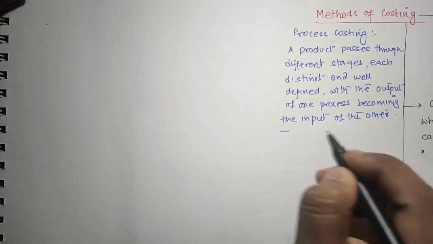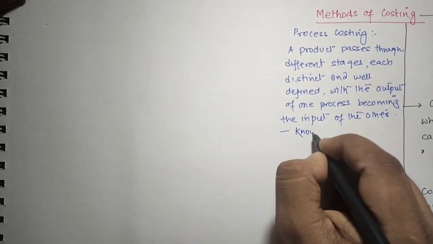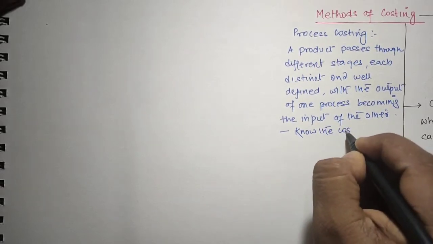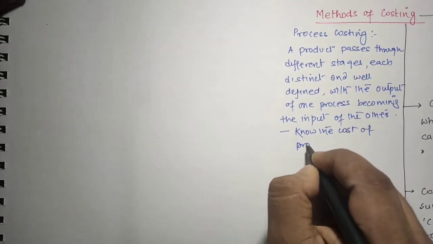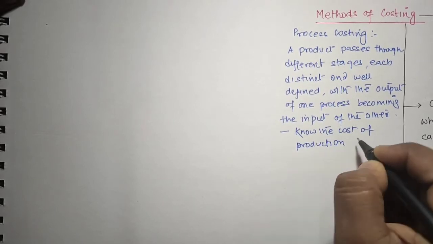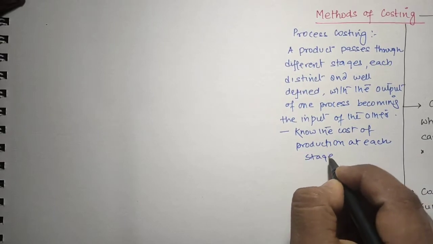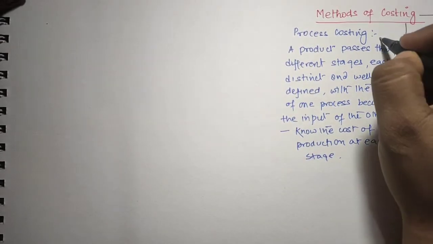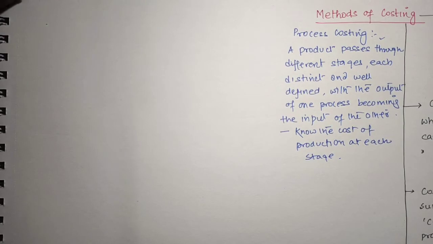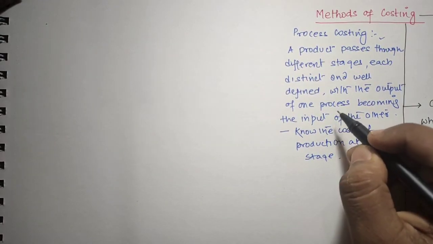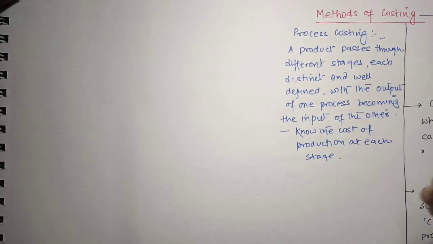And it is desirable to know the cost of production at each stage, and here process costing comes into light. This system of costing is suitable for chemical manufacturing industries, paint, food, explosives, then soap making, etc. So this is about process costing.